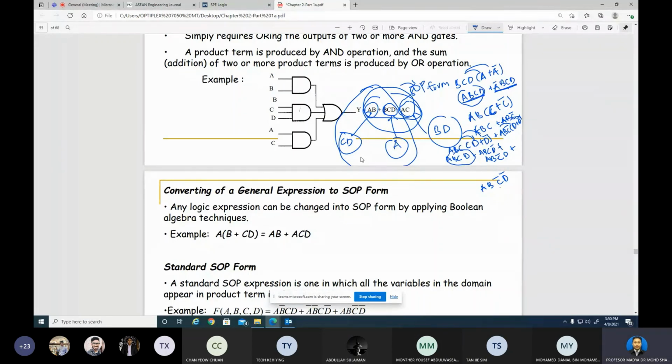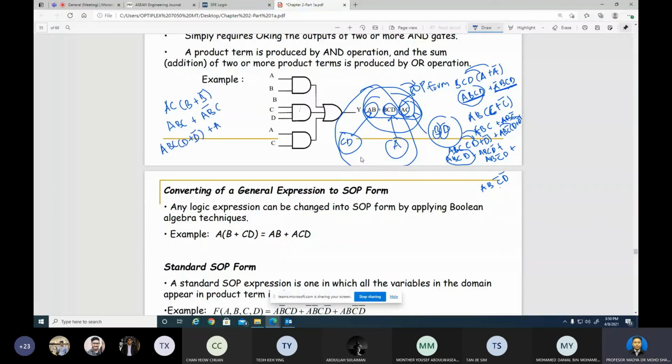So for example AC, I do here. AC here. First we don't have the B and D, so maybe you can do it one by one. B. So this one will be A, B, C plus A, B bar C. Then we don't have the D, so multiply by D plus D bar.